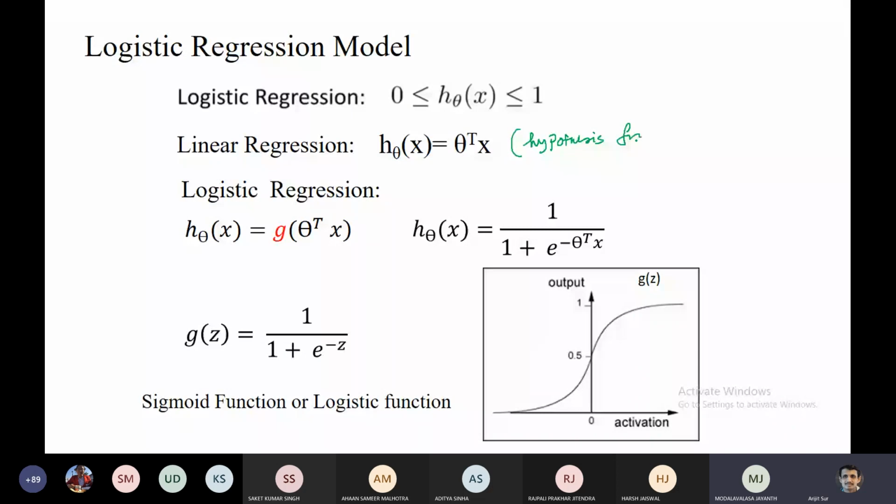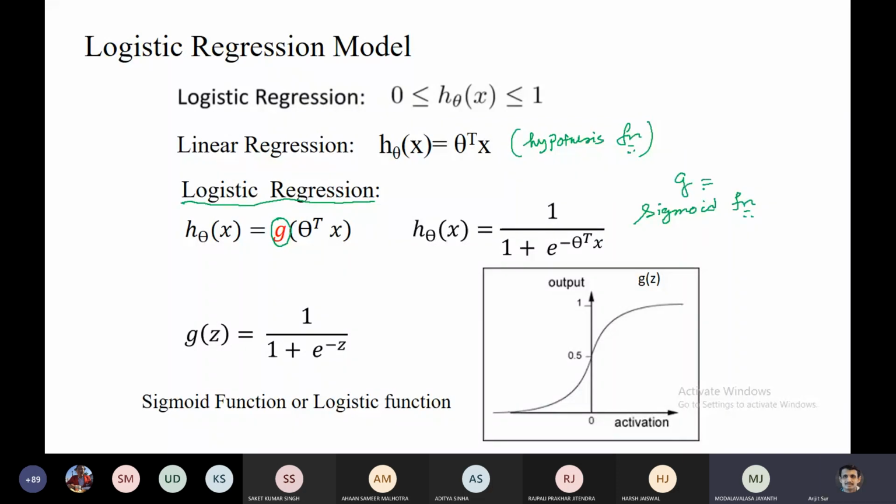Now we put a g over this hypothesis function as a logistic function, and this g is called the sigmoid function.